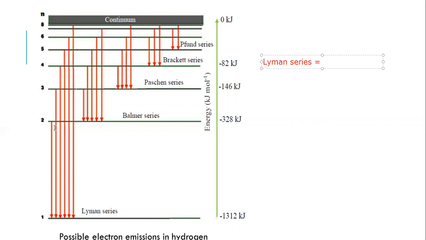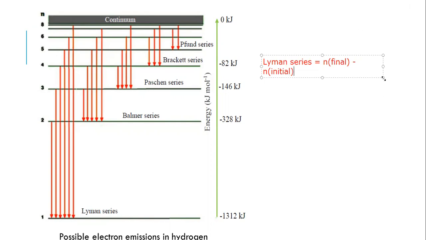The electron is falling from n2 to n1. You should be very careful about that. Therefore, whenever we speak about a fall in the energy of the electron, it should be n final minus n initial.